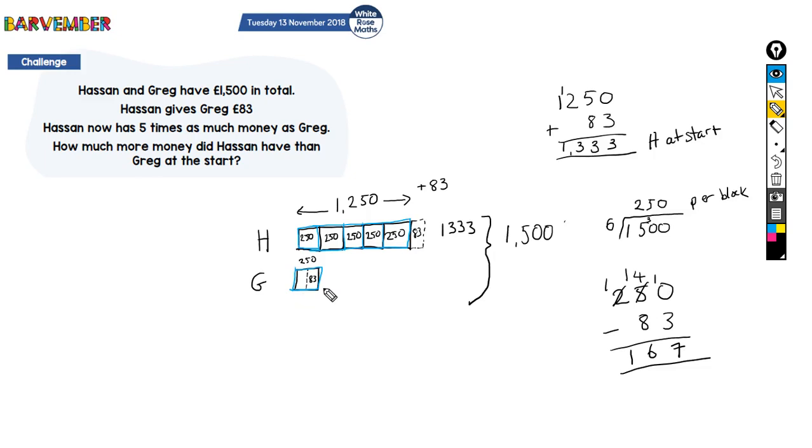So at the beginning Greg had 167. What do we ask for? We asked for the difference.